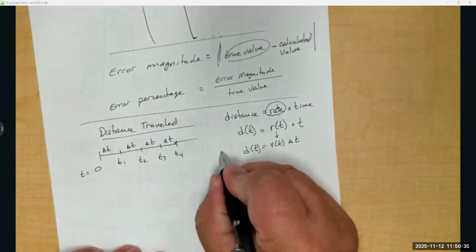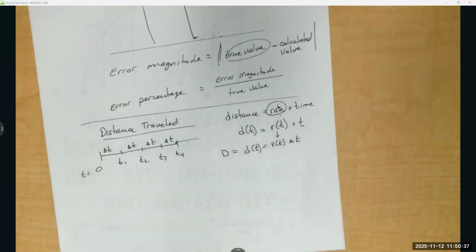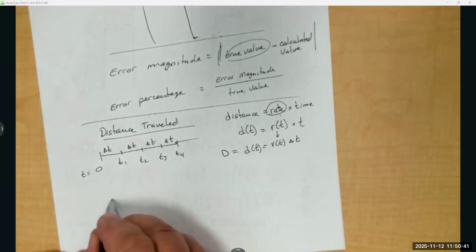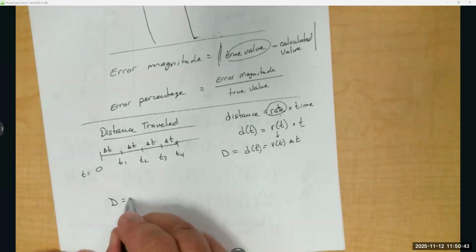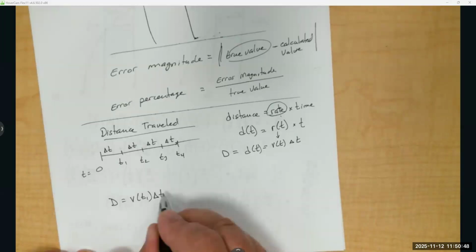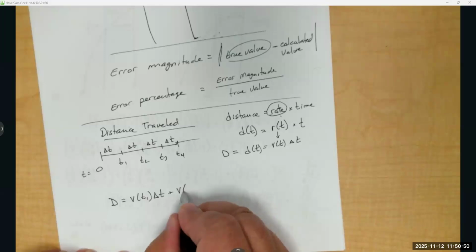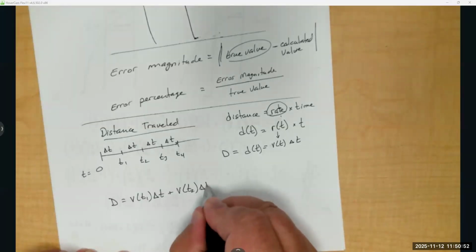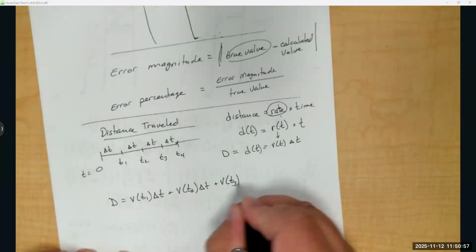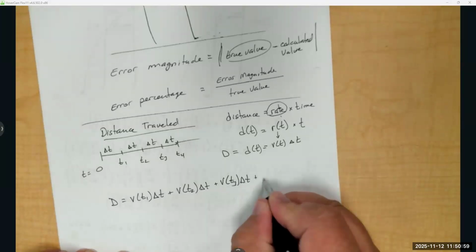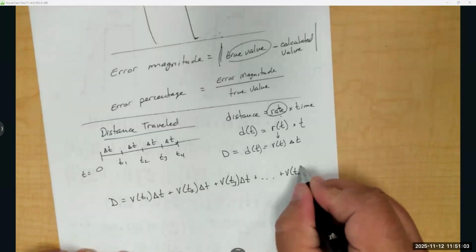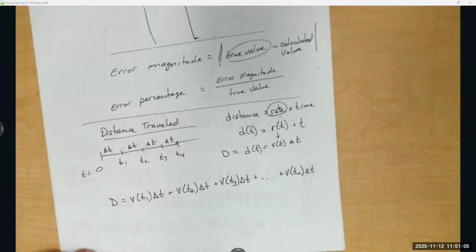So the complete distance traveled is a function of t, which is equal to the velocity at time 1 times delta t, plus the velocity at time 2 times delta t, plus the velocity at time 3, and so on and so forth, up to the velocity at time n times delta t.